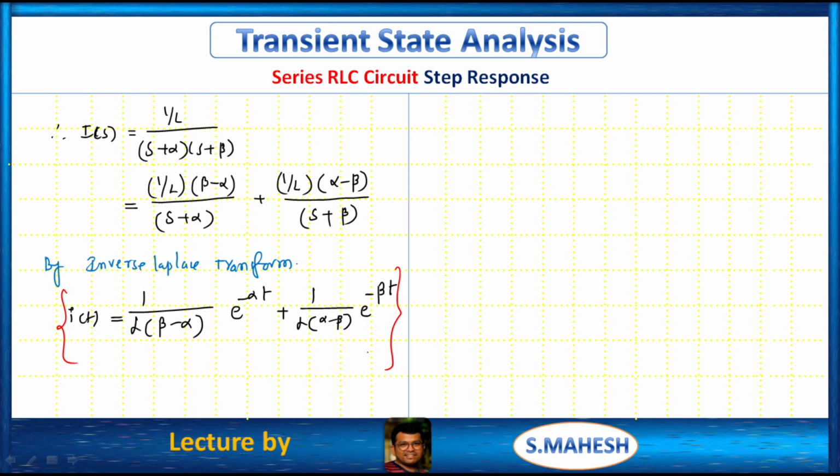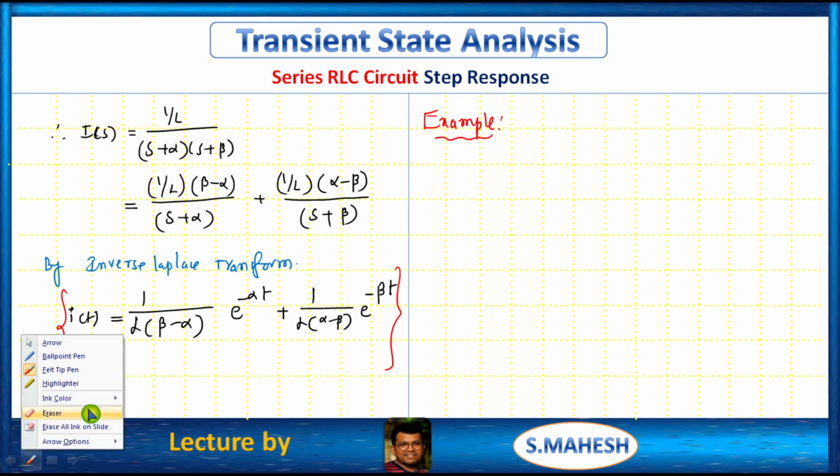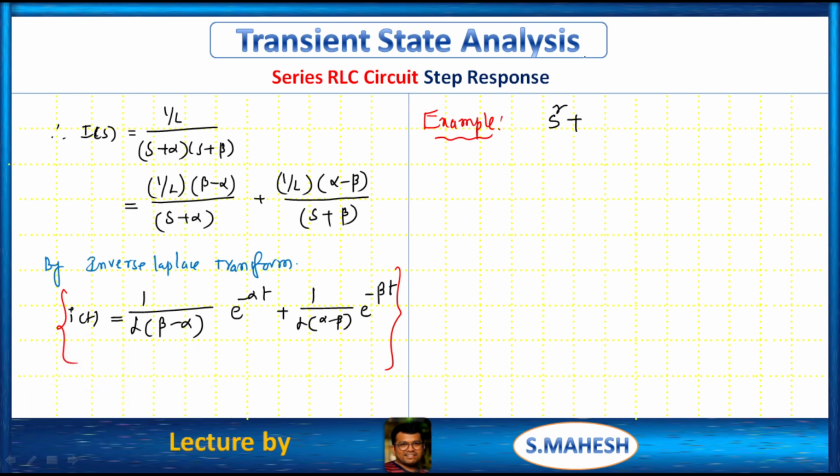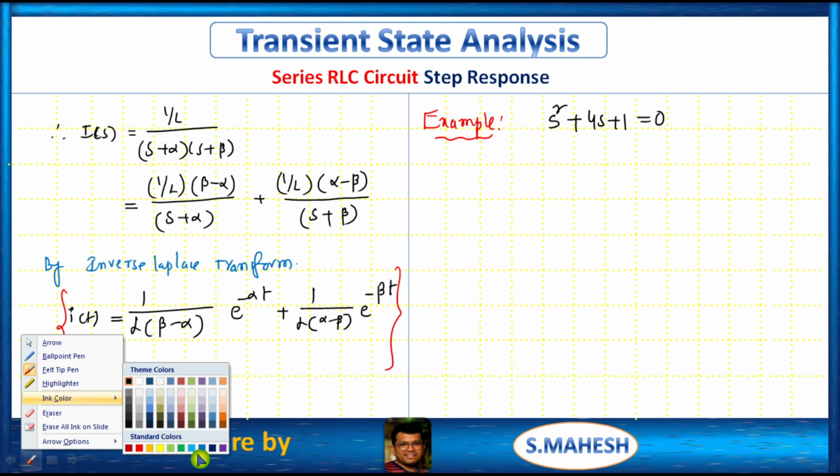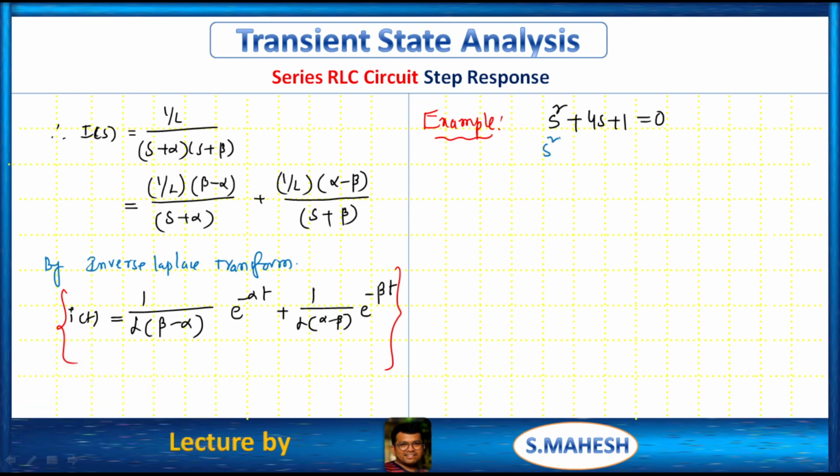Okay. Now here I am considering one example. Let us consider one quadratic equation, for zeta more than 1: s square plus 4s plus 1 equals 0. Now we have to compare this equation with the standard one.